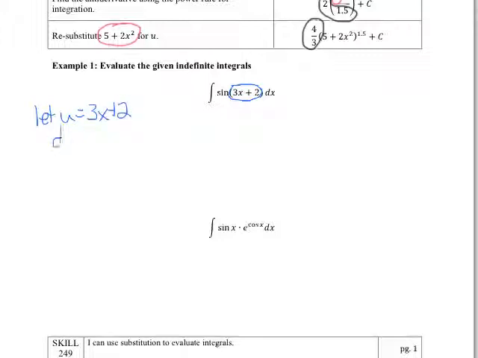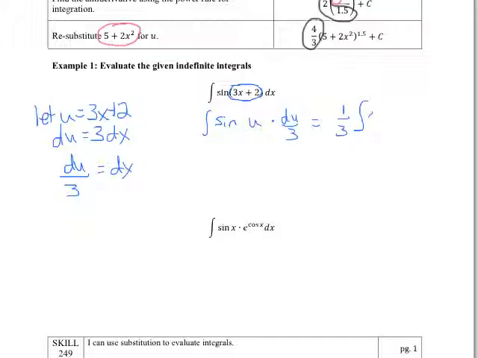which means du is, the derivative of that is 3 dx. So what we now have is the integral of sine of u, and then our dx, or you could say du over 3 equals dx. Our dx is replaced by du over 3. Using properties of integration, I can pull the 1/3 out to the front and get sine u du.